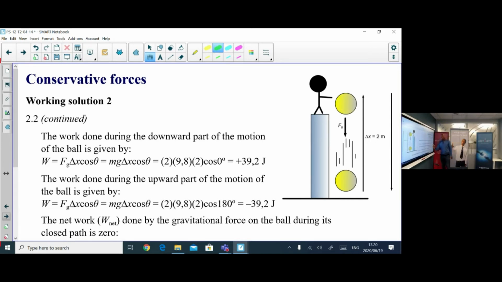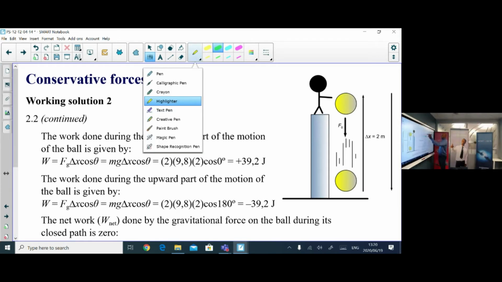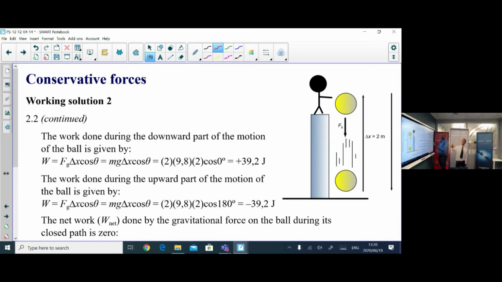the equation of the work done. That is W equals F_g times change in x times cos theta. All the time I was just talking about this theta. Irregardless of vertical, you must know that this one is equal to 0 all the time. It's equal to 0 degrees. Remember, we're dealing with this.